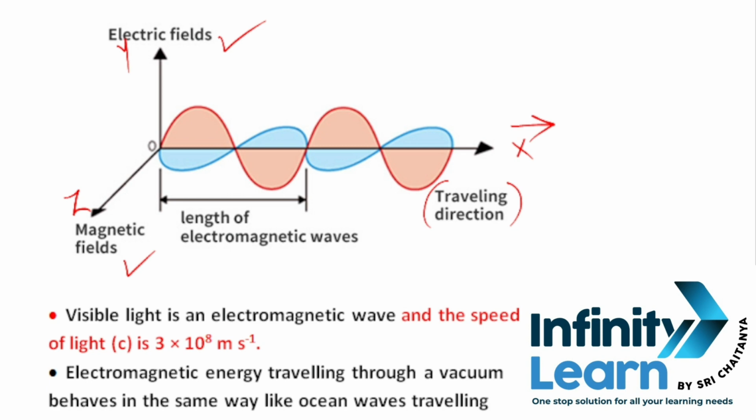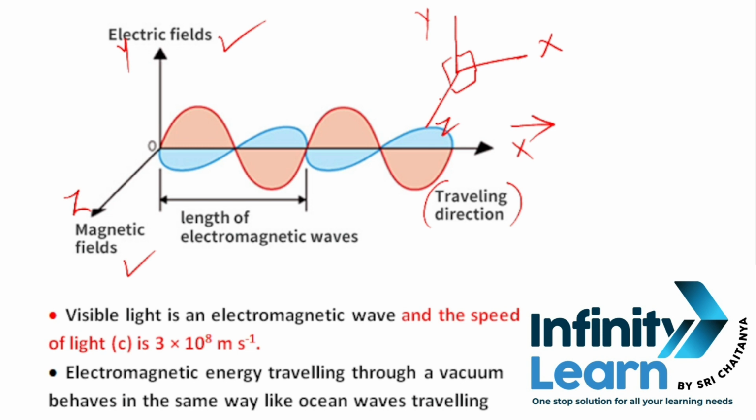This means all three things, the traveling direction, the electric field, and the magnetic field, are mutually perpendicular to one another. That's what we mean by an electromagnetic wave.